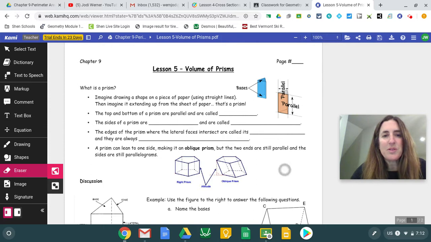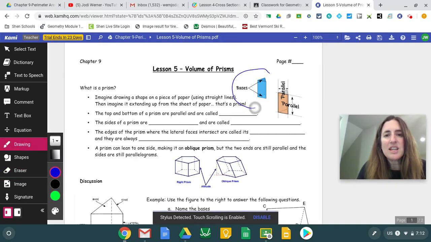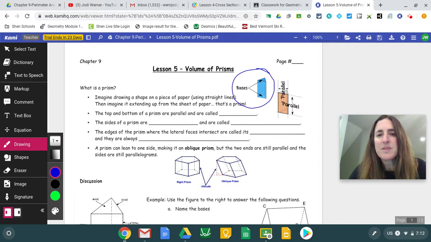So first of all, the top and the bottom of a prism are parallel, and they're called the bases. If you look in this picture here that's blue, you can see that the bases are on the top and the bottom, and they're parallel to each other. Those are triangular in shape, so this would be a triangular prism.